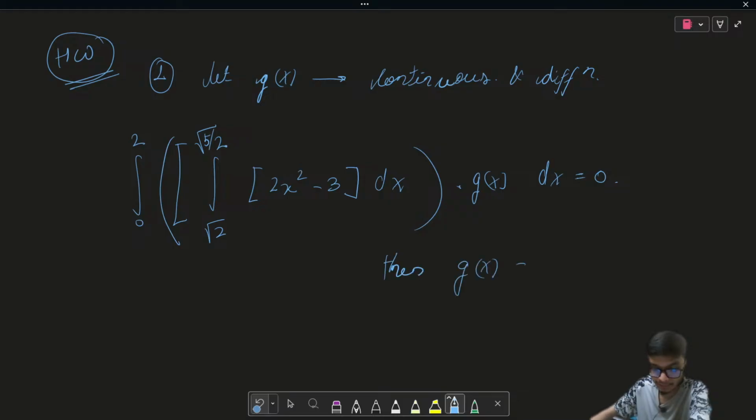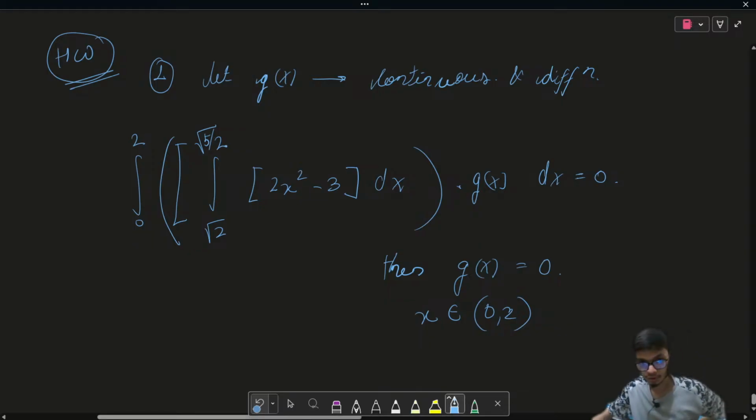Then g of x is equal to 0 when x belongs to 0 to 2. So in this interval from 0 to 2, g of x is equal to 0.